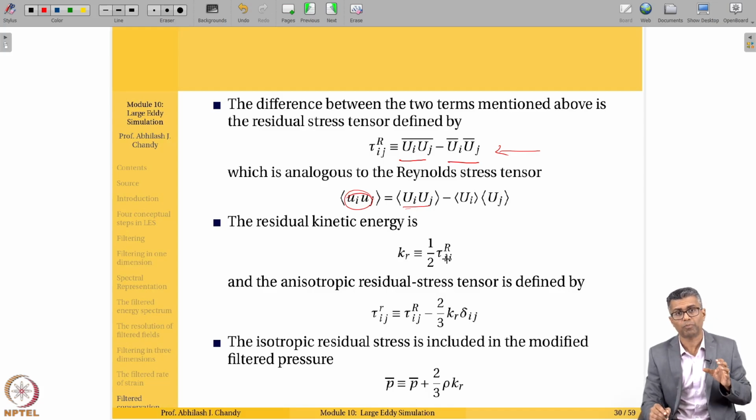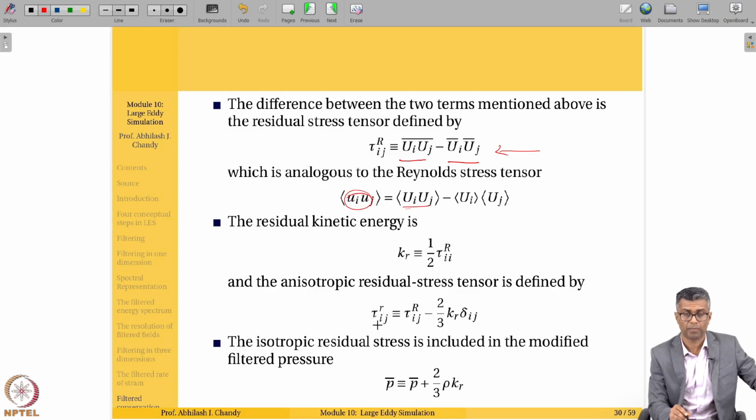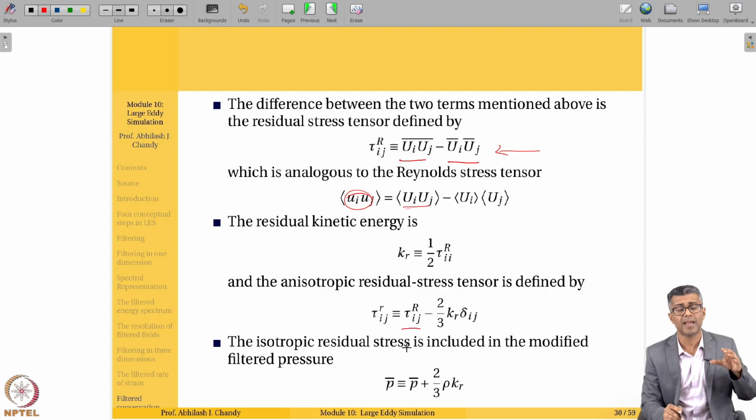Now, just like I did earlier with the Reynolds stress, I am going to consider an anisotropic residual stress tensor, tau_ij^r (small r). Tau_ij^r is tau_ij^R minus 2/3 Kr delta_ij. So what am I doing here? I am taking the anisotropic part of the residual stress tensor.